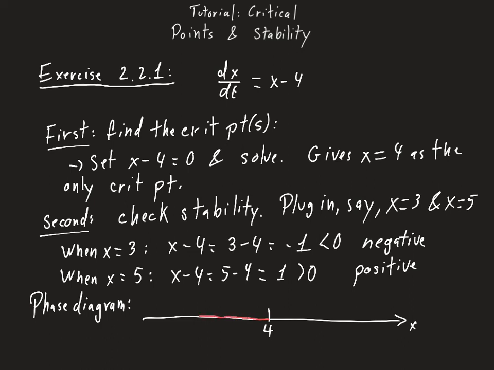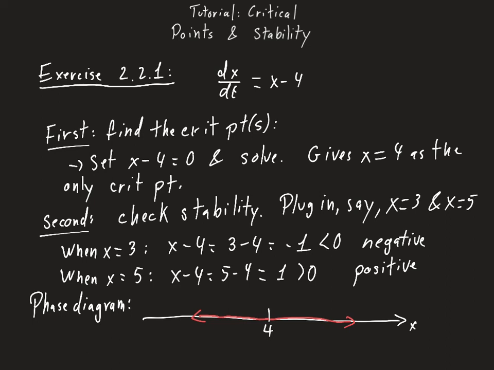So on this side, we see that it is moving away. And when x is equal to 5, we saw that the derivative is positive, meaning that the function is increasing, moving away from 4. So we see that this is going to be the diagram. Very simple. You just put arrows on either side of each critical point.